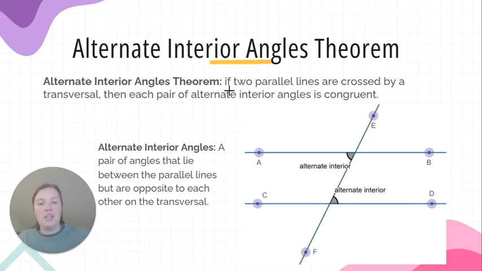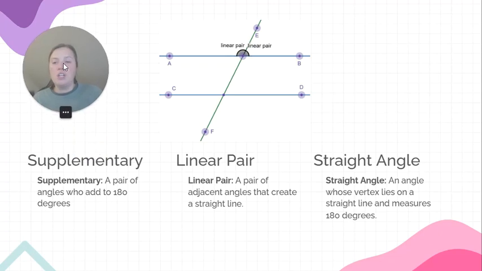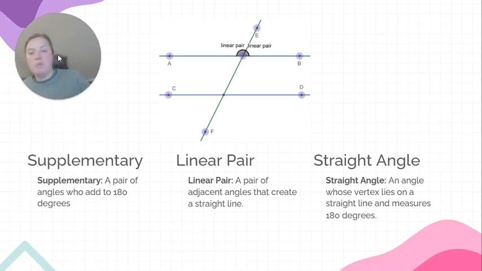Something else I should note is that the alternate interior angle theorem says if we have parallel lines cut by a transversal, so that already includes the definition, and we can combine that into one step.